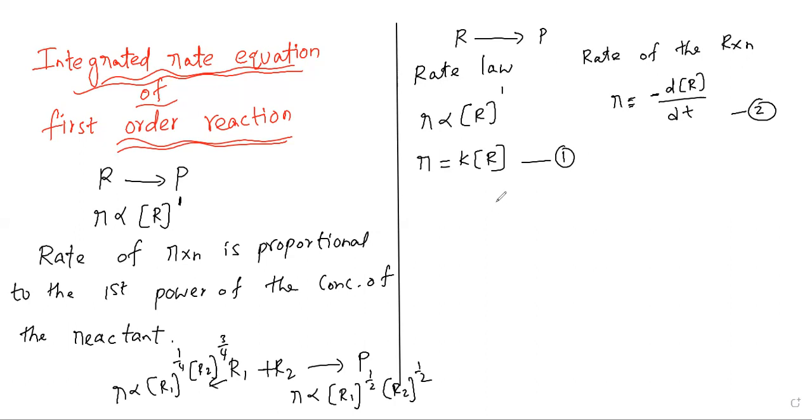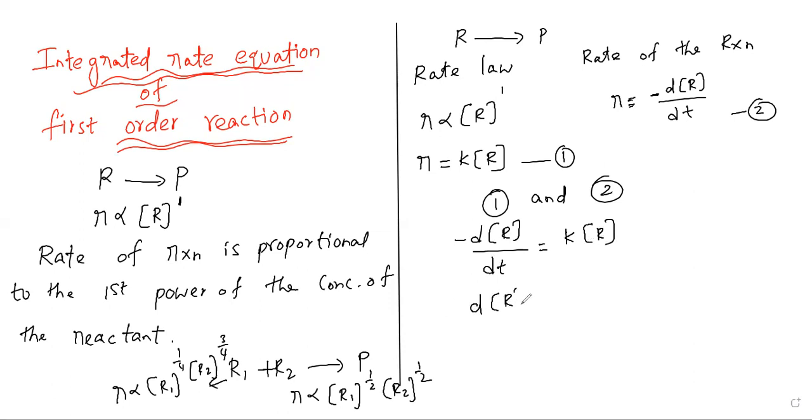When you equate 1 and 2, both are equal. You can write this as minus dR by dt equals k into R, so dR by dt equals minus k into the concentration of R.